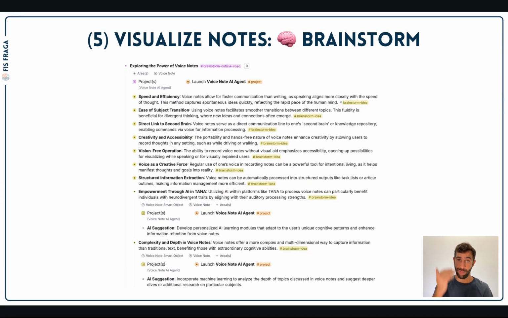So here in the brainstorm, you will see there are several brainstorm ideas. Some of these are equivalent to the ideas on the pros and cons list, but now they are all represented as ideas.